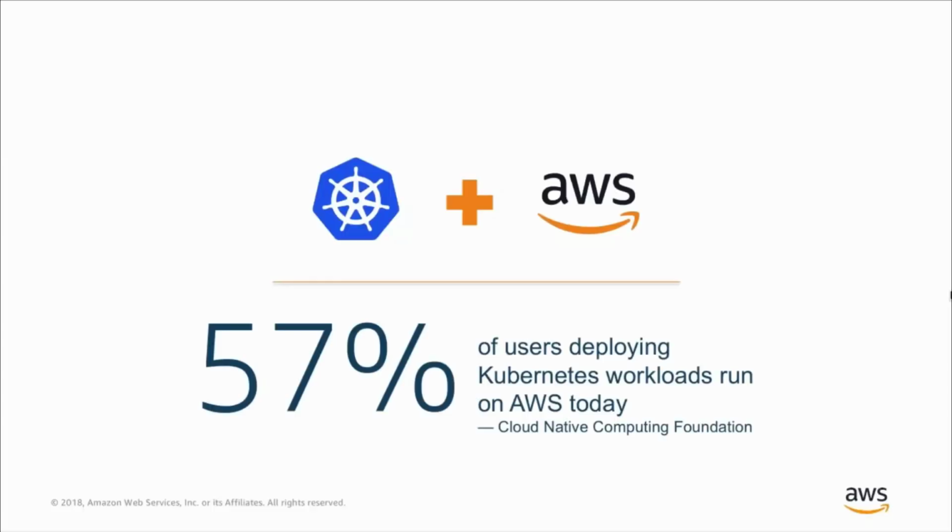Now, another thing to note: when the CNCF, which is the governing body for Kubernetes, did a survey, we found out that 57% of the users deploying Kubernetes workloads actually run on AWS today. This was a good data point for us to start working with the customers and start thinking about making some investments in the Kubernetes community.